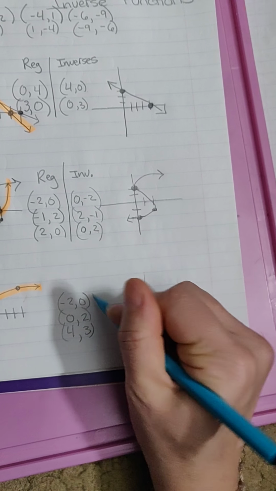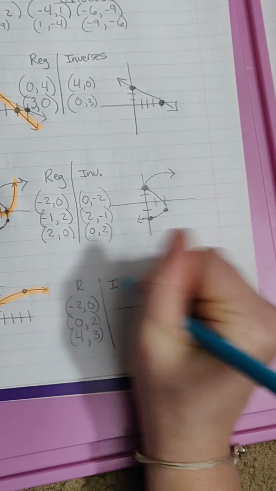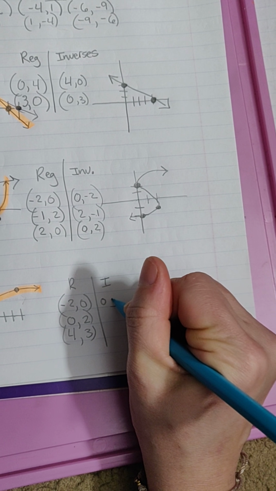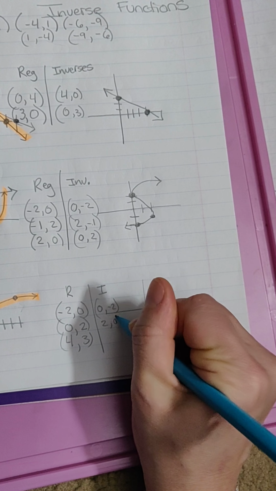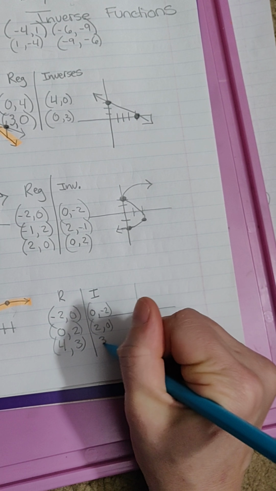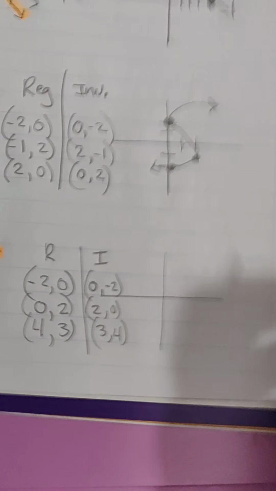Put those in parentheses. We'll call these ones my regulars, and these ones my inverses. Just flip-flop them. 0, comma -2. 2, comma 0. And 3, comma 4. Hopefully we're getting the hang of this here, guys.